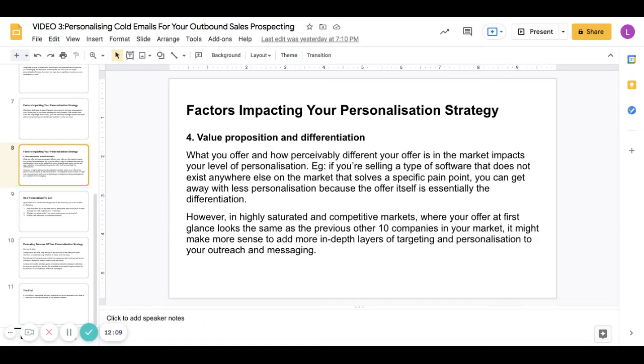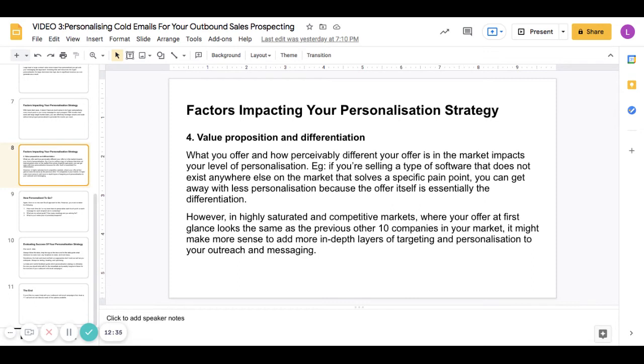And as I mentioned, this is not something I see a lot of people touch upon when it comes to cold email personalization strategy. But it's a really important thing to think about, because how different your offer is perceived and the value prop does play a big role in whether or not you need to be hyper-personalized with all your touchpoints and your messaging for each account you reach out to.